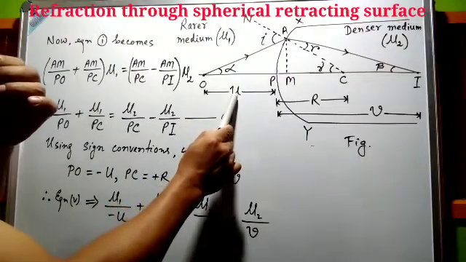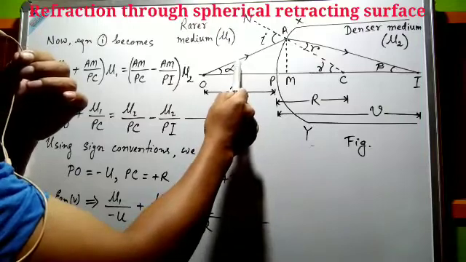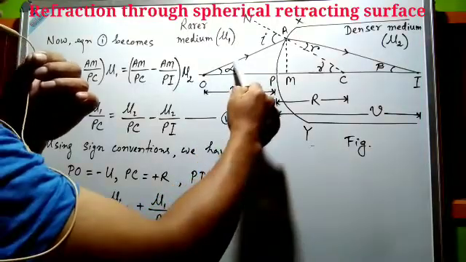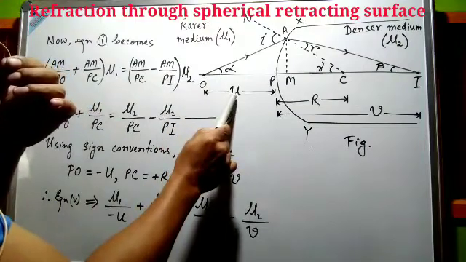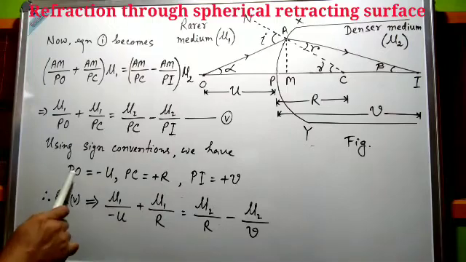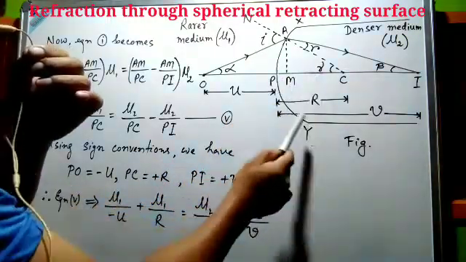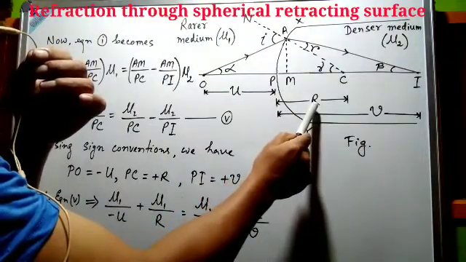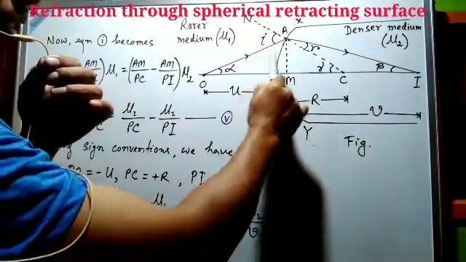The direction of measurement of object distance is opposite to the direction of incident light ray, so according to the sign convention it is negative, so PO is minus u. Then again PC, the radius of curvature: the direction of measurement from P to C is along the direction of incident light ray.